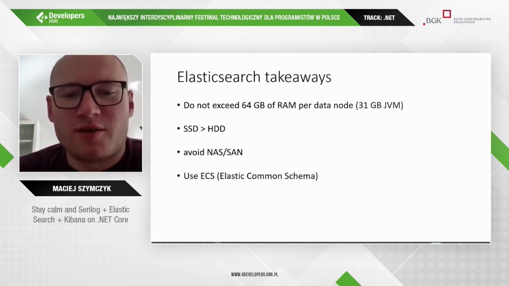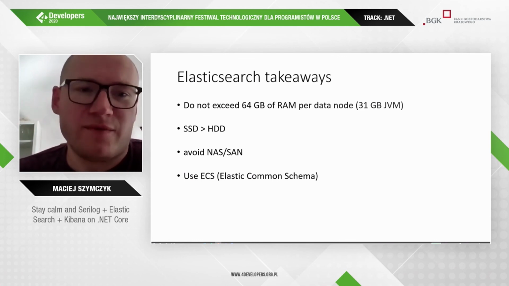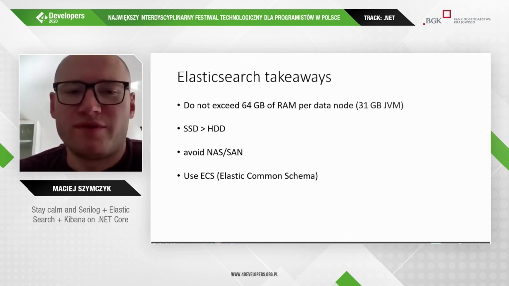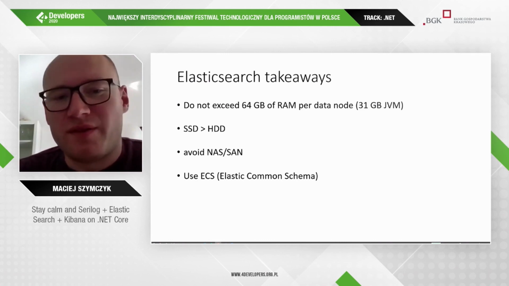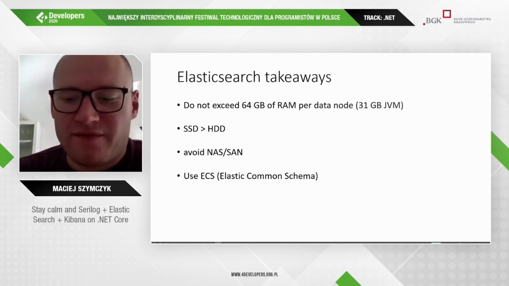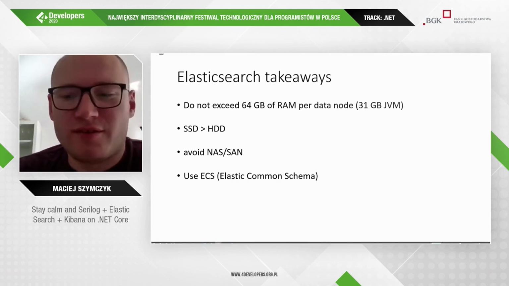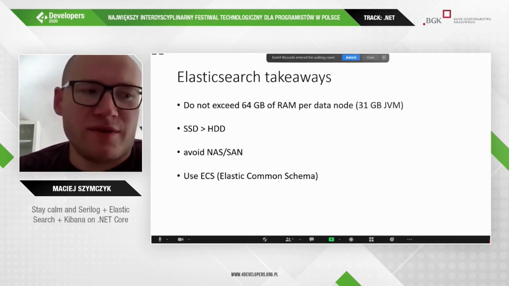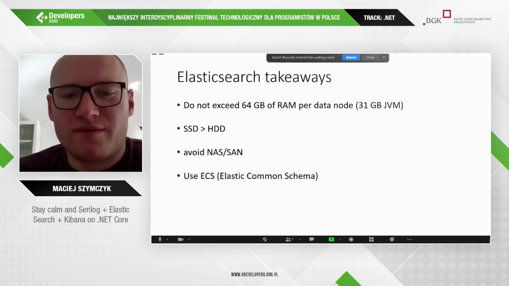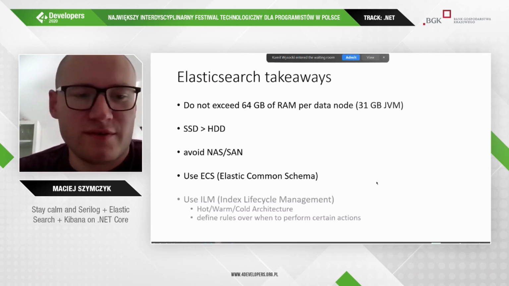Use Elastic Common Schema or some other common schema, because, as I said, if you have logs, for example, user.name in one service and username in another service, then everything is a little messed up, and this solution should provide you an easy way and not the hard way to look for logs.